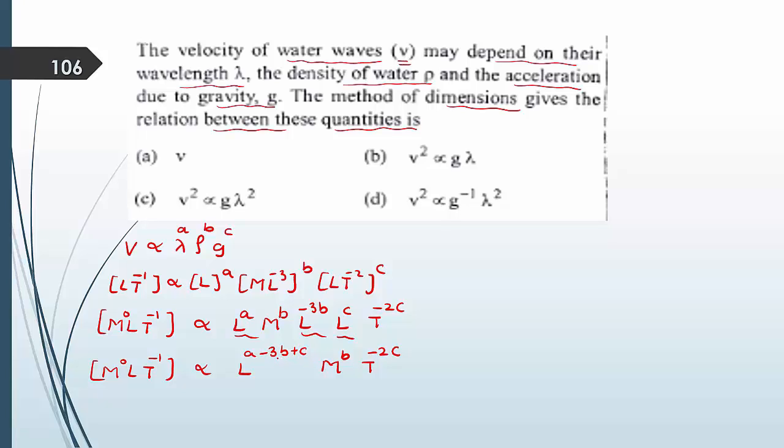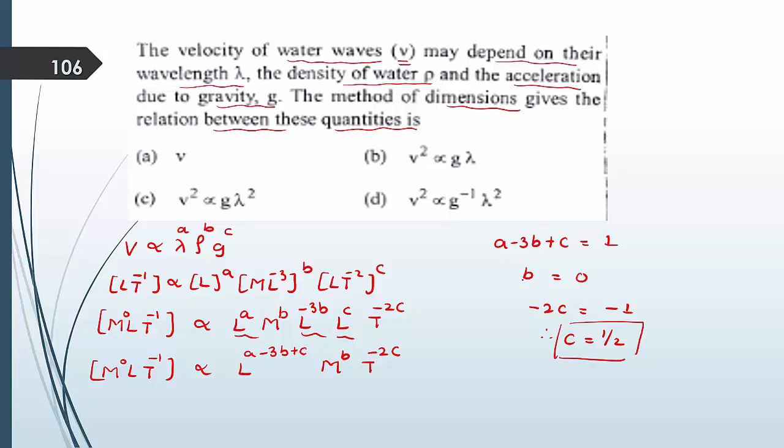Right? Now you can compare the terms from LHS and RHS side. A minus 3b plus c is equal to what? 1. B equal to 0. Minus 2c is equal to minus 1. Therefore, c equal to 1 by 2. Right?